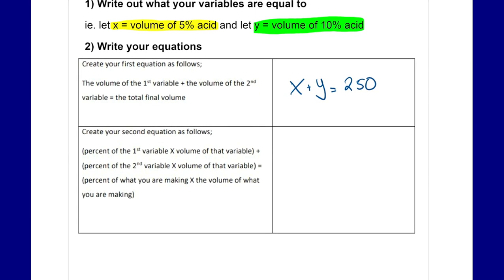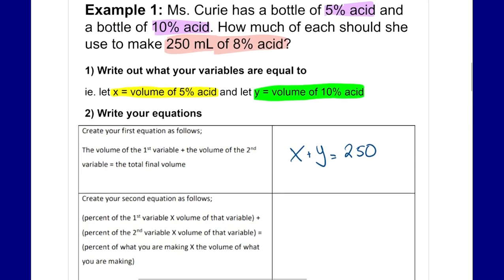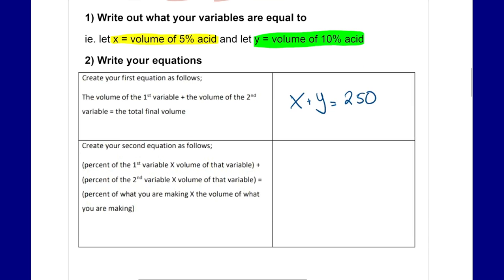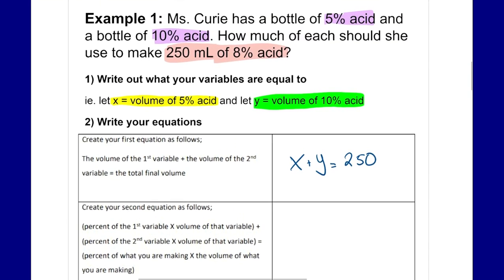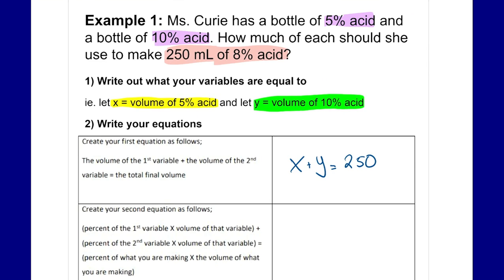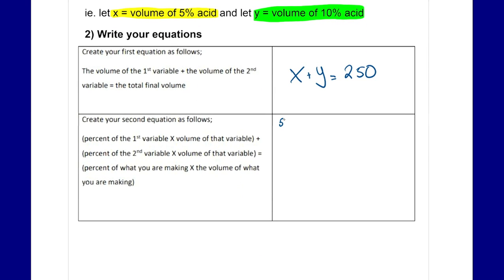Next, we're going to create an equation that focuses on the percentage. Right? So this is going to follow as the percent of the first variable times the volume of that variable. So we already had that laid out, right? We had 5% acid as our first one. So 5%, keeping in mind percent, we'll write here, 5% equals 0.05. So we're going to use decimals in these cases. So 5% times the volume of that variable.